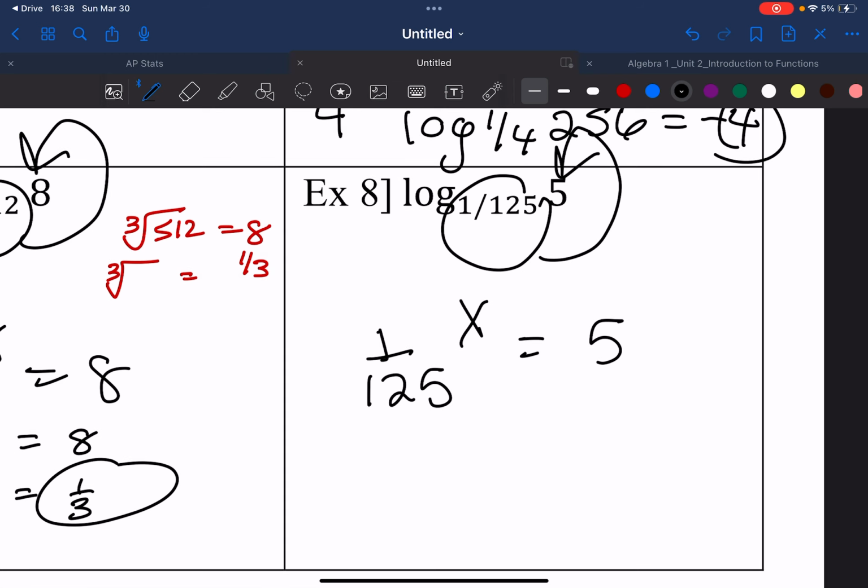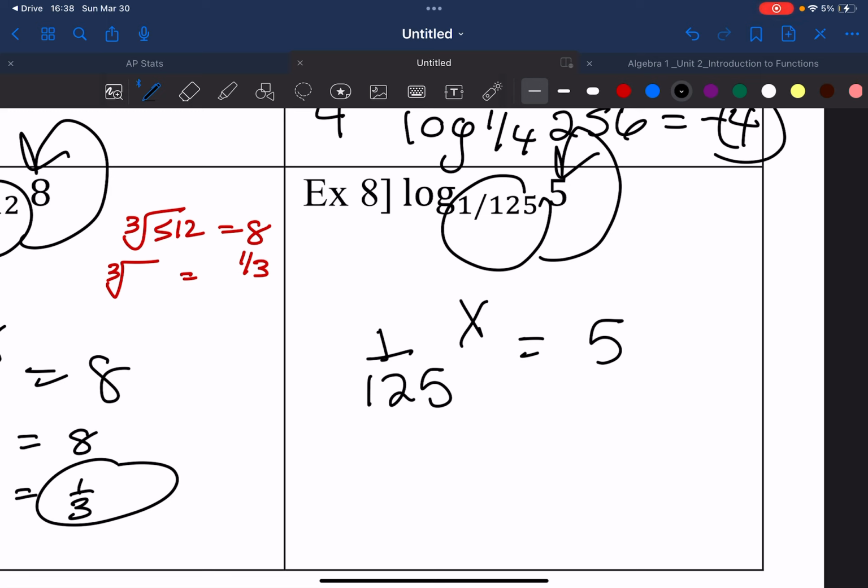Number 8. Okay, number 8, we were going from a fraction to a whole number, which means my exponent should be negative. So I have to think, okay, 5 to what power gives me 125? Well, 5 cubed, I think. Yep, 5 cubed gives us 125. Okay, but I need the opposite.